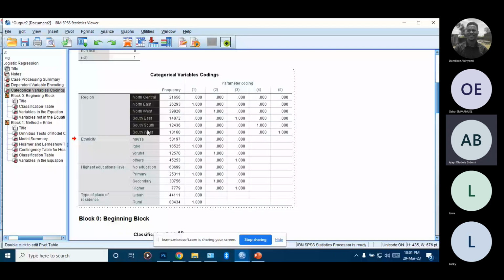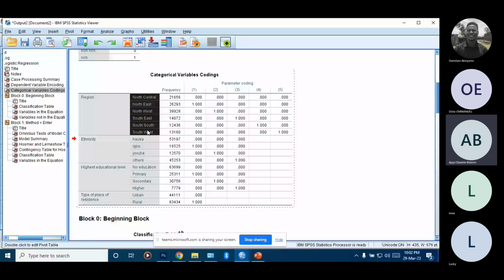Now, when we are creating dummies for these categories, we don't create 6 dummies. We create 6 minus 1 dummy variables, that will be 5 dummy variables. The one we did not create a dummy variable for is going to act as our reference category that we are going to be comparing others to. We understand better when we start interpreting our odds ratio.